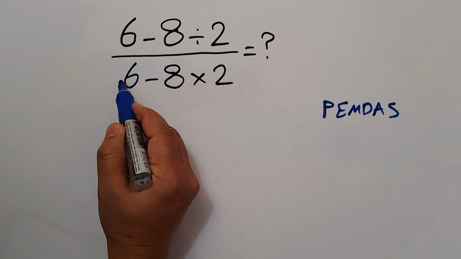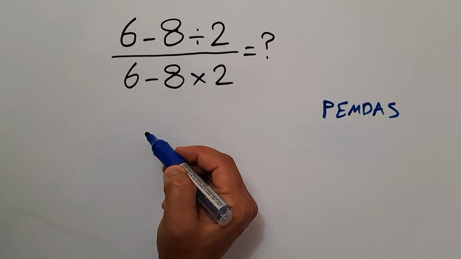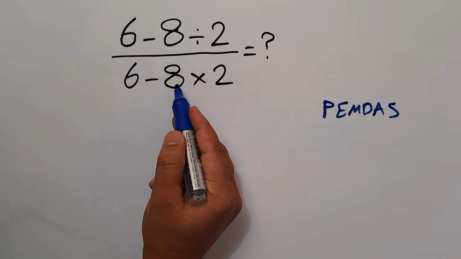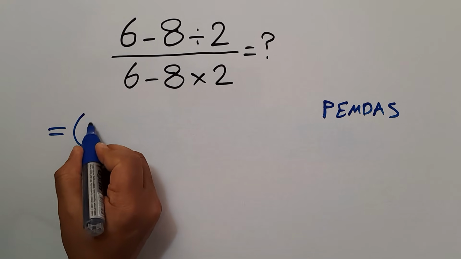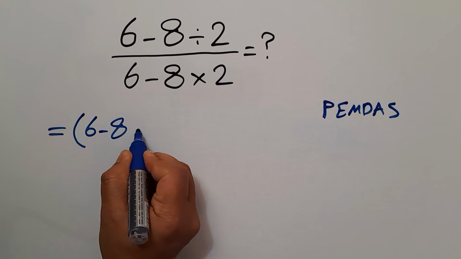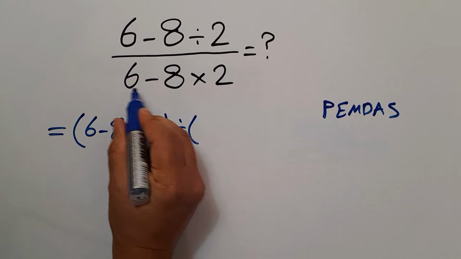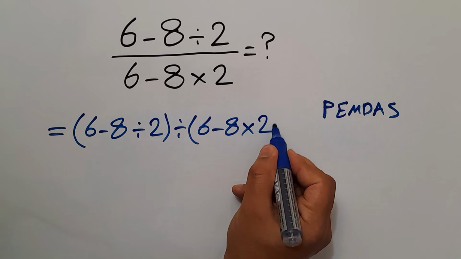And in the denominator we have to do this multiplication first, okay? And we can say this fraction can be written as parenthesis 6 minus 8 divided by 2, then divided by parenthesis 6 minus 8, then times 2.